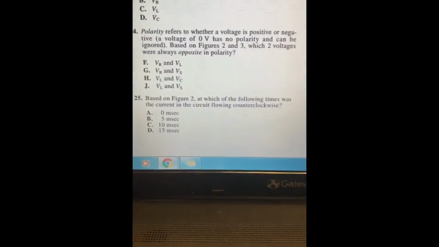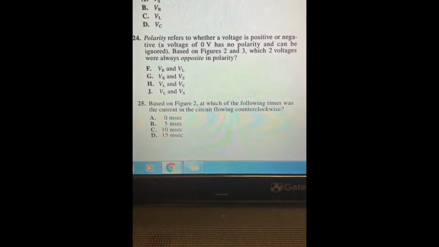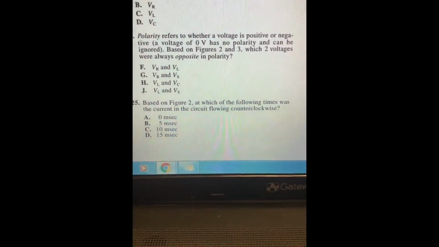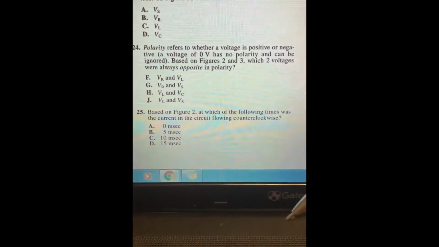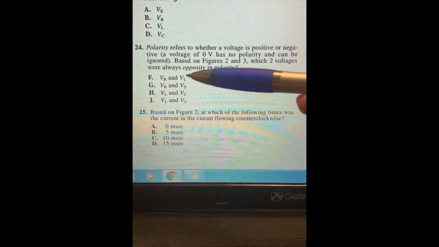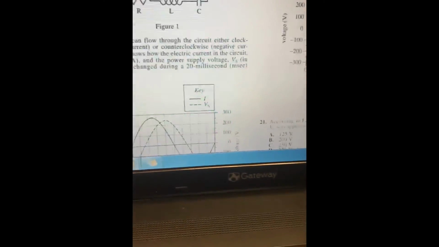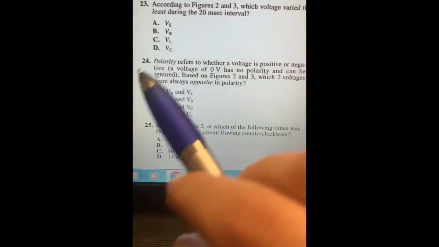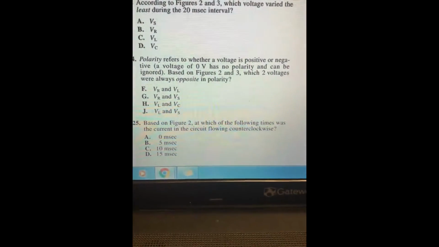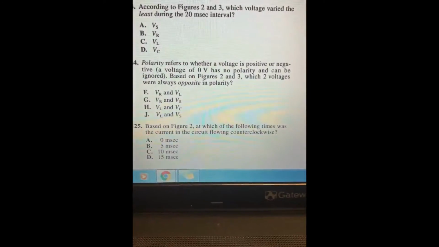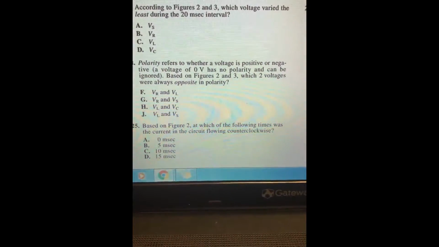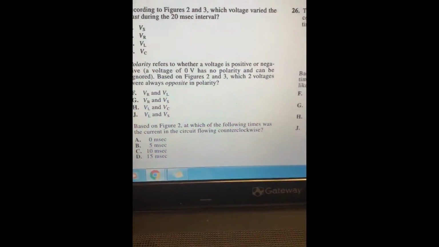So okay, this might sound extremely common sense, but I just wanted to make sure all the tips are out there. On question 24, they're asking you to find which two voltages are always opposite in polarity. Do not use process of elimination and look at every answer choice and then go back to the graphs and check for it, and then cross it out and then do that again and again. That's way too much time that you definitely do not have for questions like these that you can figure out yourself.